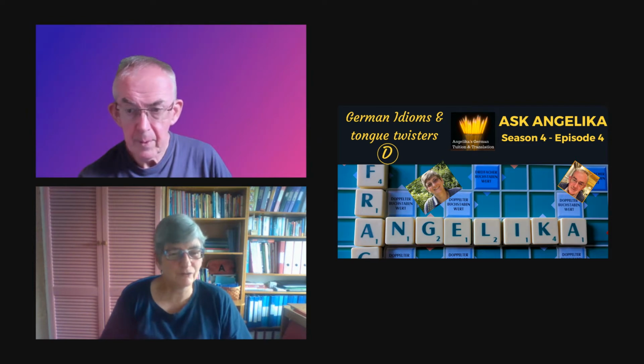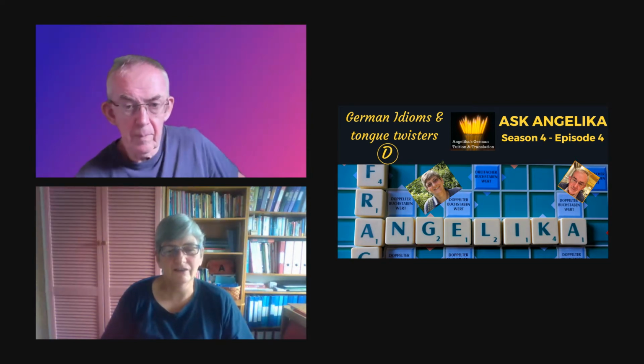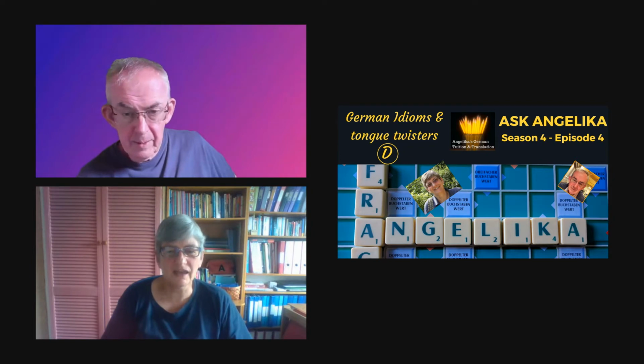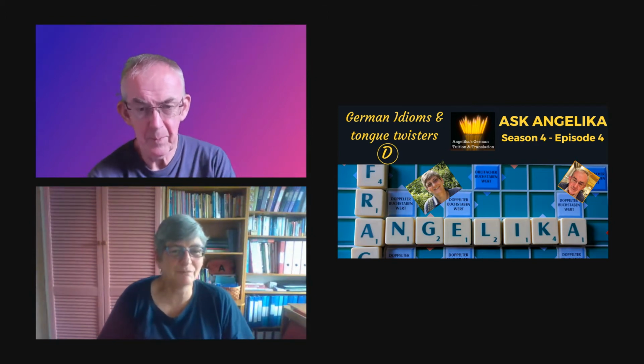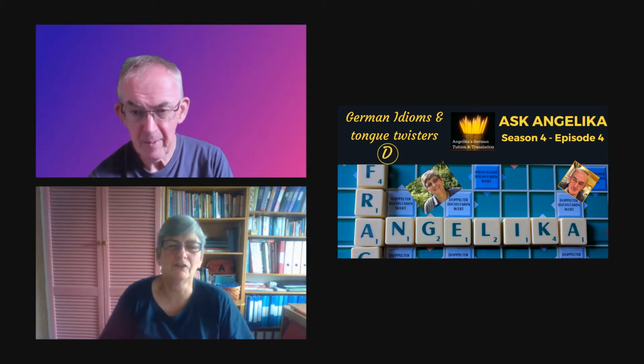And now we've got D, and there were quite a few. I had to cut down a little bit, but I did also find a tongue twister where every word starts with a letter D. Of course, it won't make any sense in English, but the fun bit is that in German, every word starts with a D.